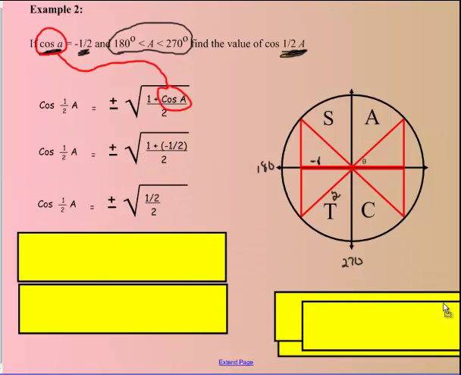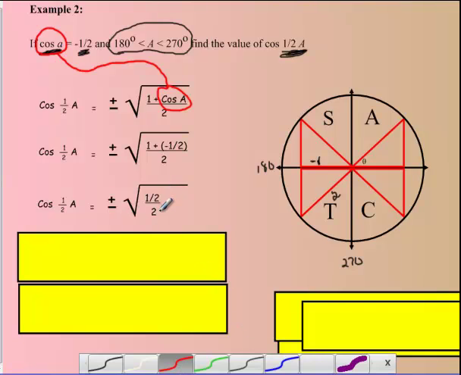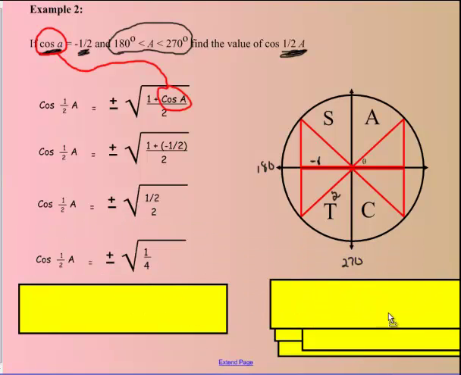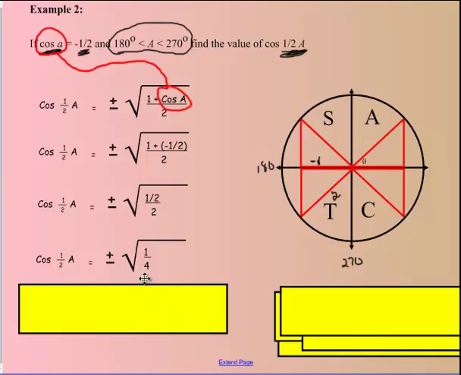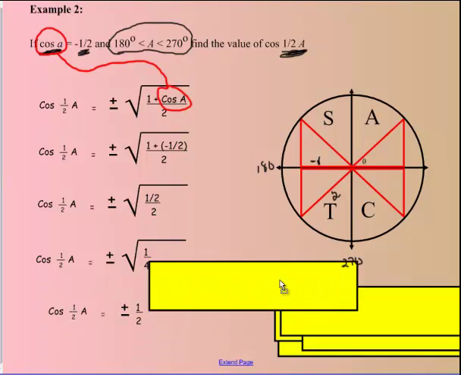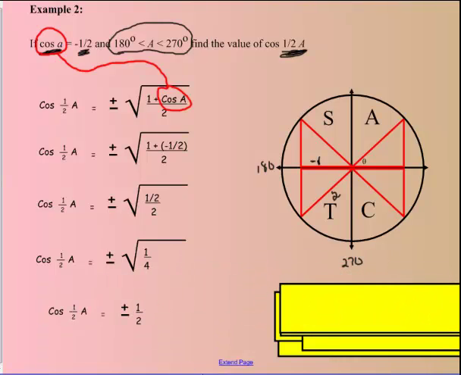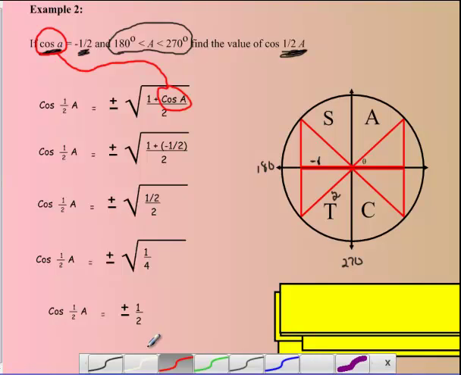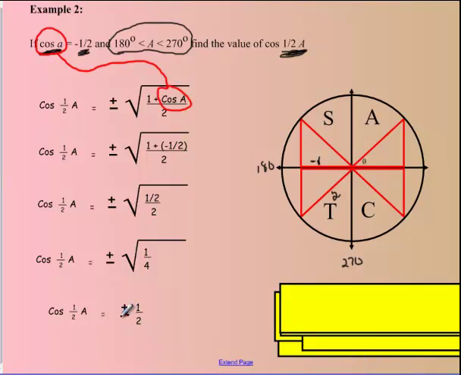Well, that's 1/2. And now remember, what they're asking me to do here is take half of a half. Mr. Allenwick, how do you take half of a fraction? That's right, double the denominator. So now I want to take the square root of 1/4. That's pretty easy to do. Leaves me with 1/2.